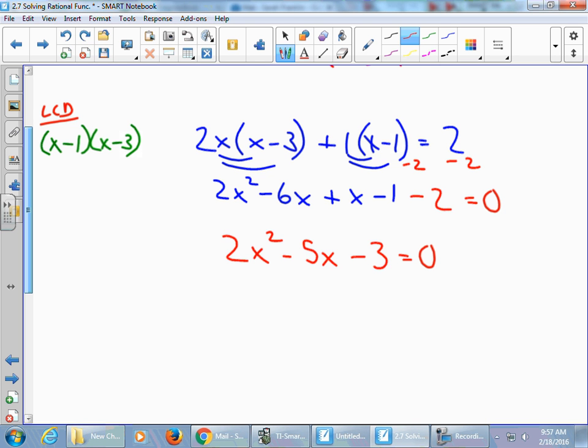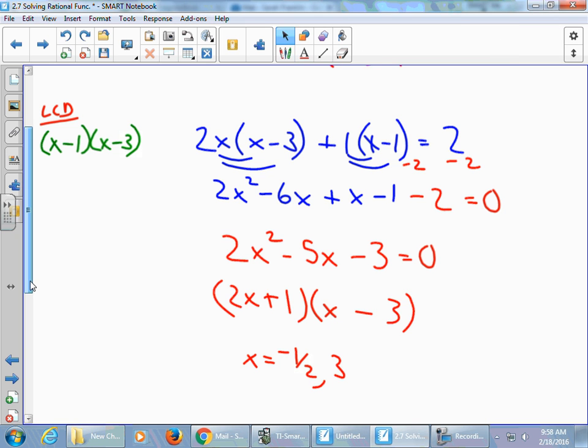There's going to be some people in here that do the quadratic formula. There's going to be some people in here that factor. Does it matter? I beg to differ. 2x, x, it does factor. So I get negative a half and positive 3.